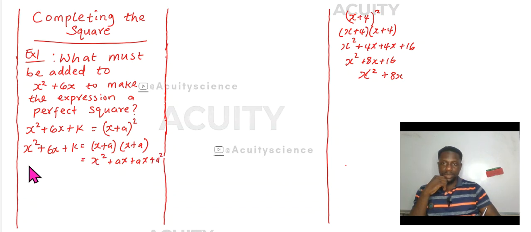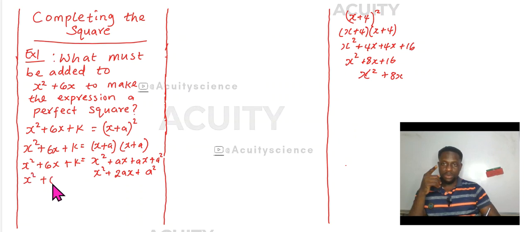Alright, equals, I'll just rewrite this, x squared plus 6x plus k. I'll just simplify this a little. ax plus ax is 2ax. Then I put down the a squared. I bring down the x squared.